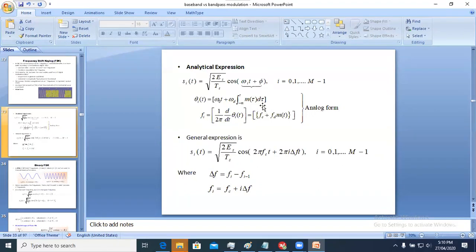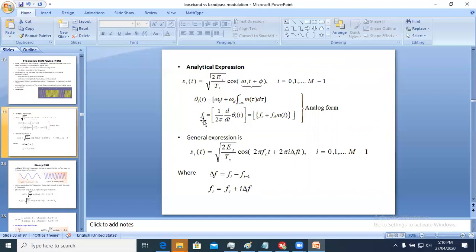In the analog version of frequency modulation, we calculate this theta_i of t, which is the fundamental frequency omega naught t plus omega_d times the integral of the message from minus infinity to t.